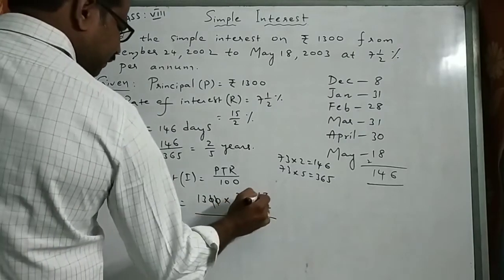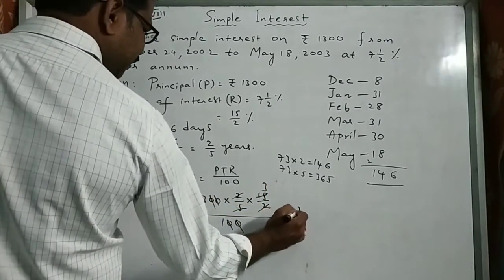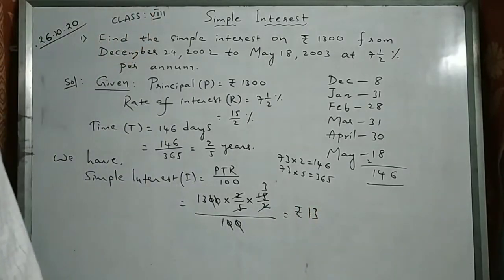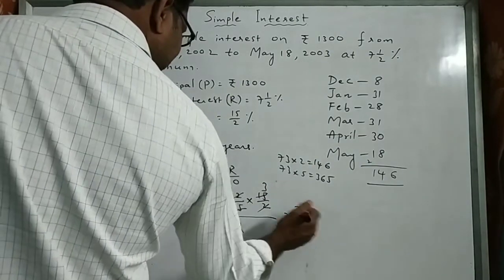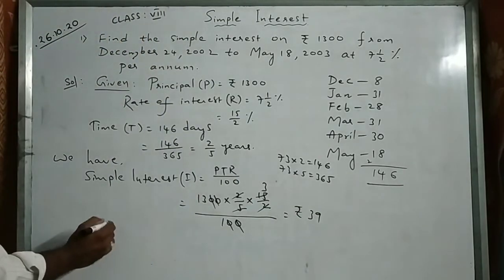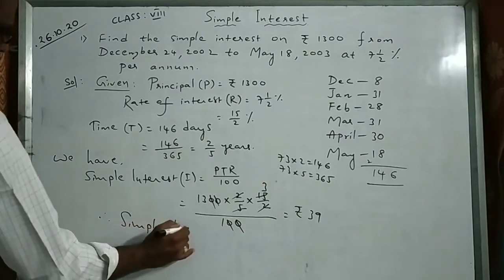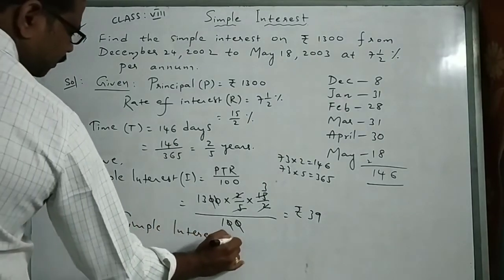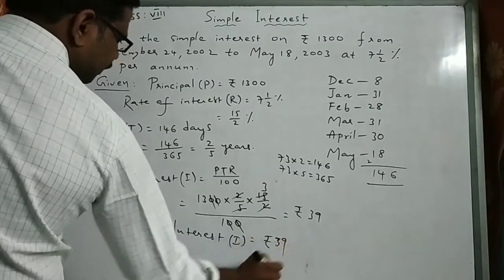So here 5 ones, 5 threes cancel, 2 2 cancel. So what is remaining here? Oh sorry, 13 threes. 13 threes 39. So therefore, what is the simple interest? I is equal to rupees 39.